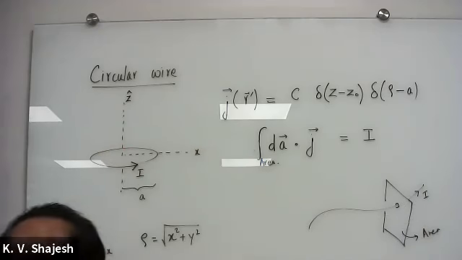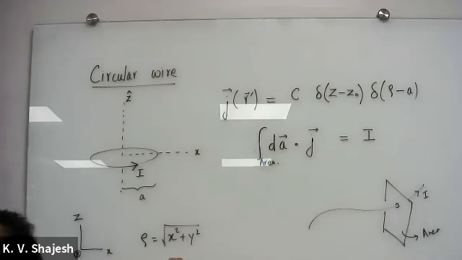So what is happening here? So this is X and this is Z. And the circular wire goes into the loop this way and comes out from here. Is that clear? Yeah.